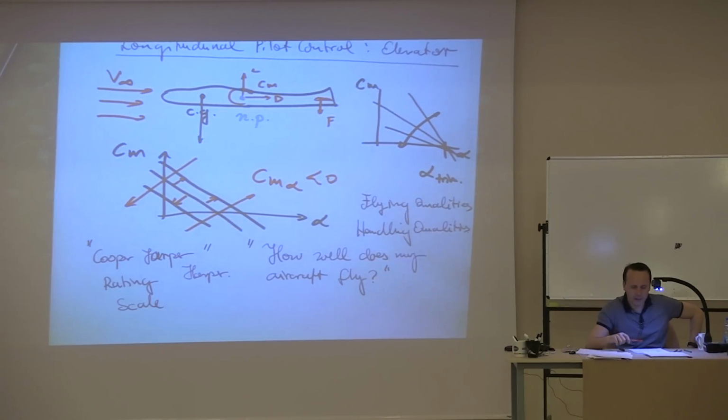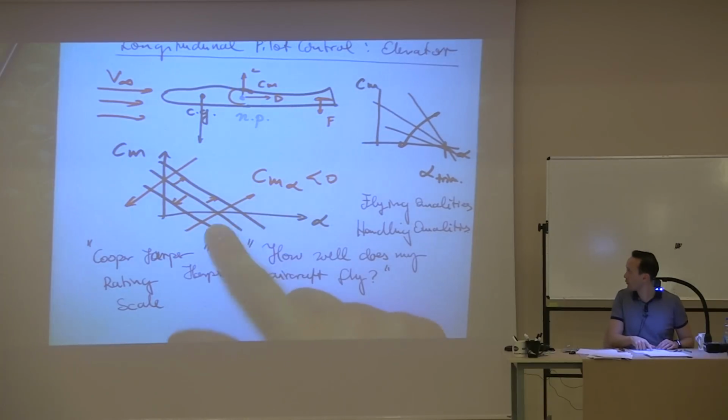One of the things is that, for example, if you change the CG location and you keep changing this, the pilot will feel at one point a very stable airplane, and at another instant in flight an airplane that's not so stable, right? It would have a slow restoring moment.